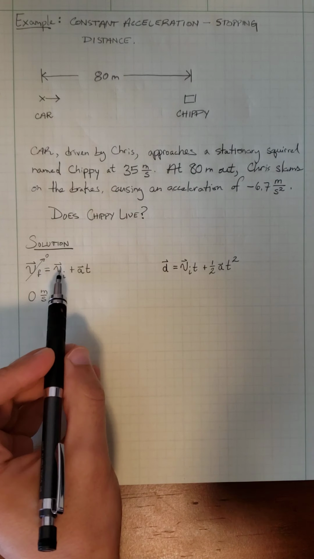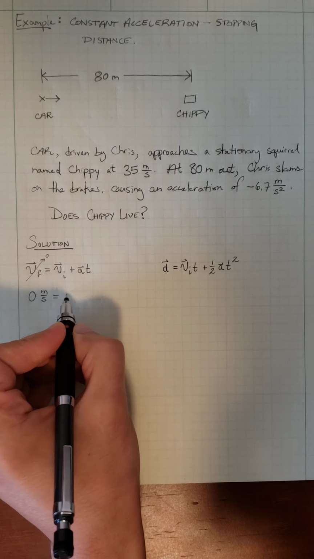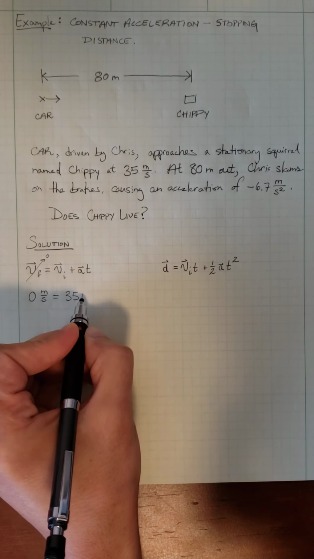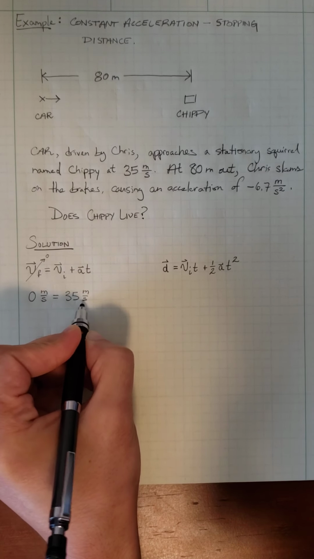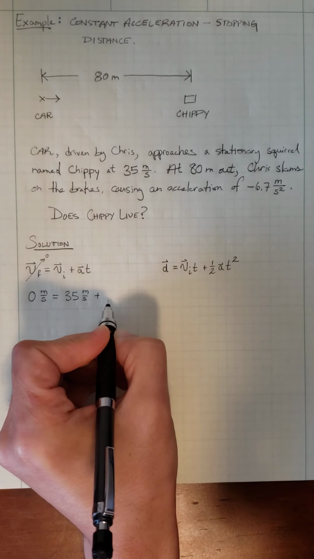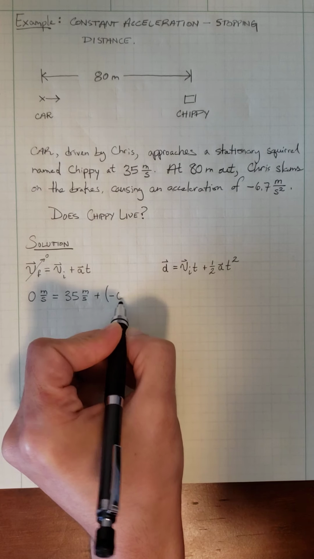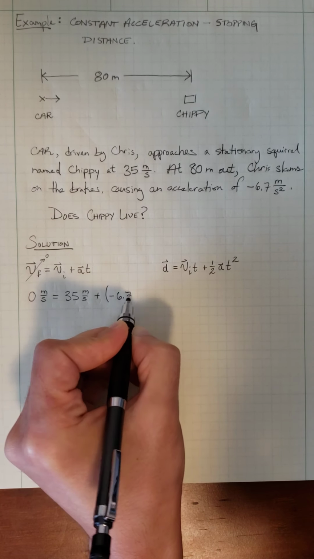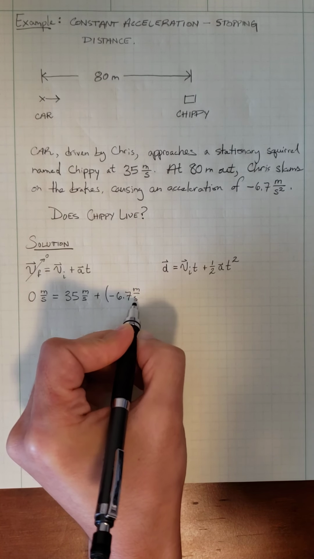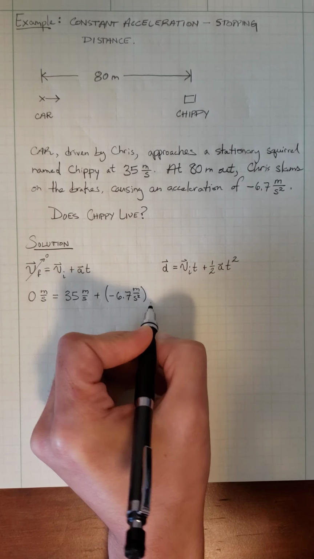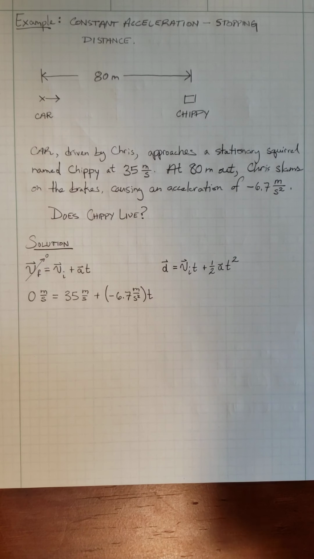So we have 0 meters per second equals initial velocity 35 meters per second plus minus 6.7 meters per second squared times t.